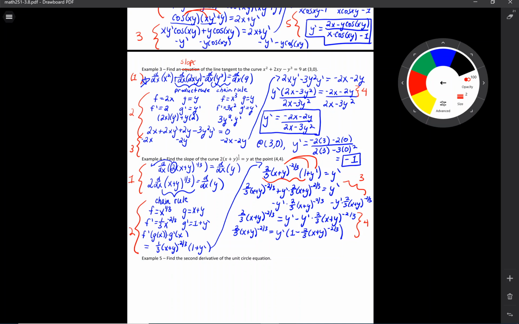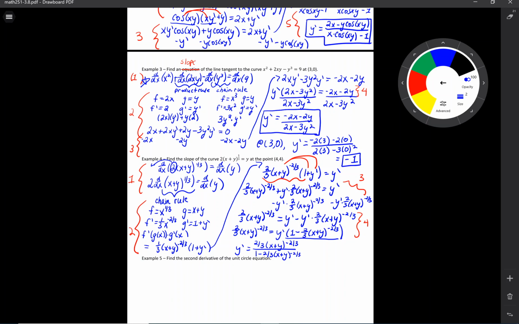And finally, I divide through in order to solve for y prime. So I divide both sides by this factor, and I get y prime equals 2/3 (x plus y) to the negative 2/3 over 1 minus 2/3 (x plus y) to the power of negative 2/3.